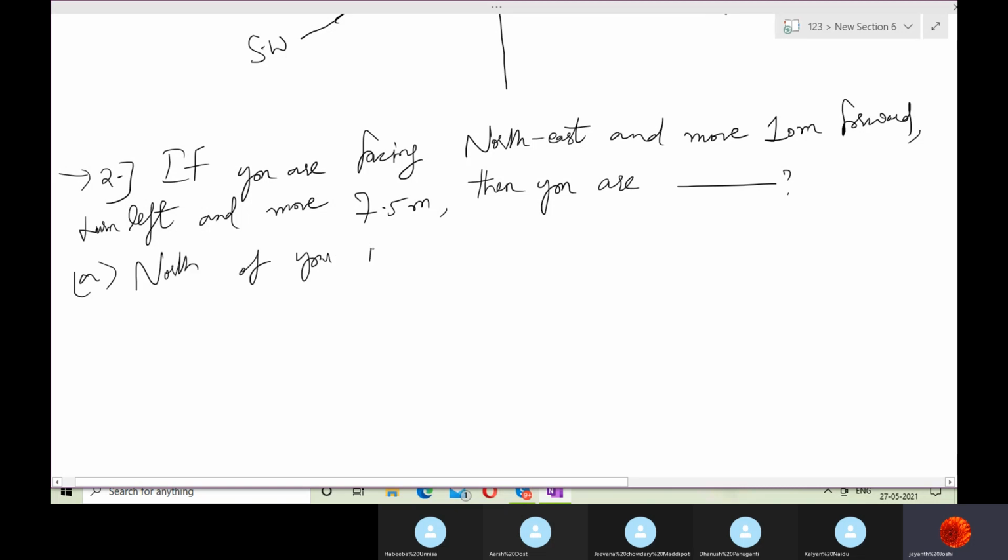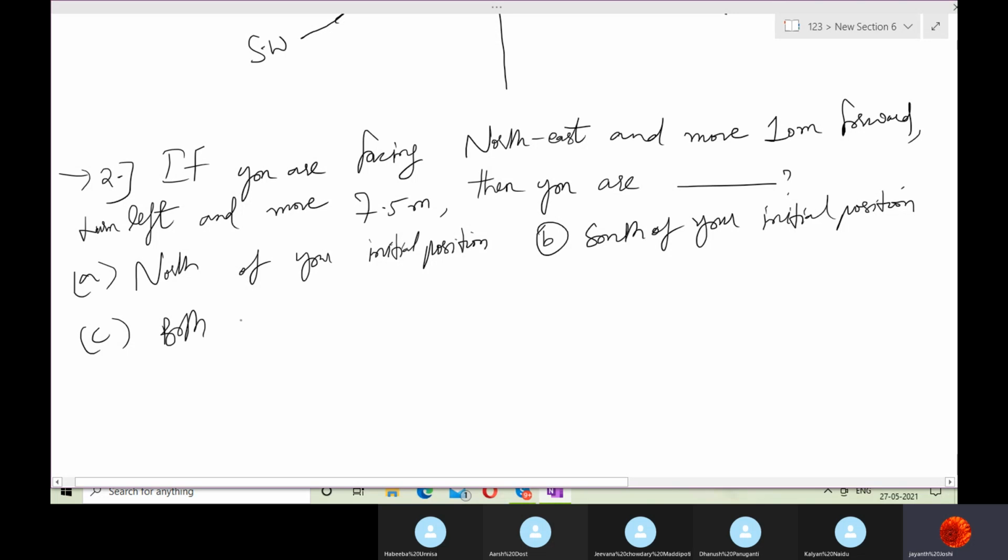North of your initial position, south of your initial position, both C and D. In fact, D I have not given right now. 12 meters from your initial position. Just solve this and tell me what is your opinion, then I'll solve. Don't worry about this. Come on, start.